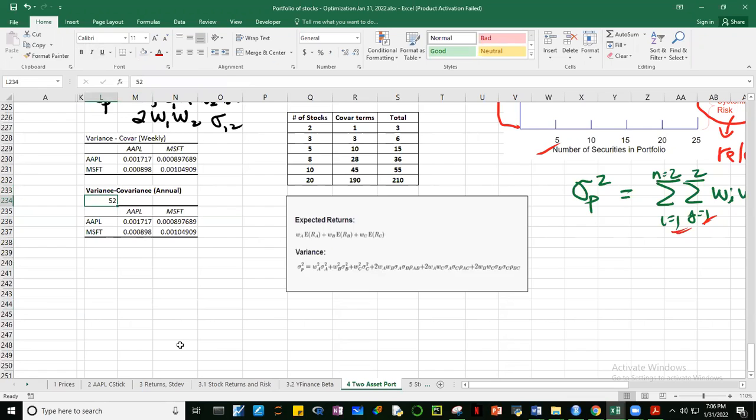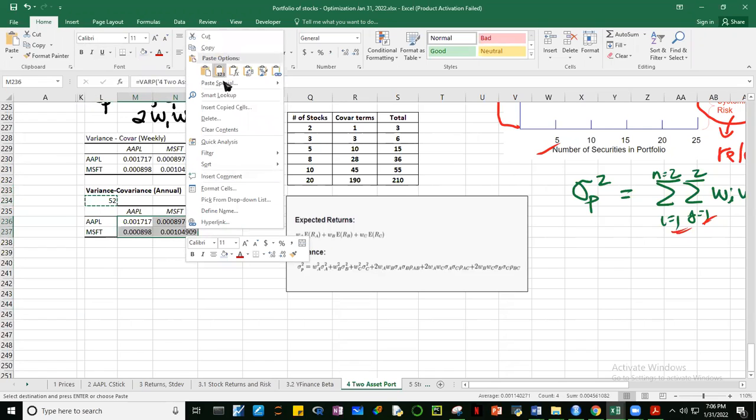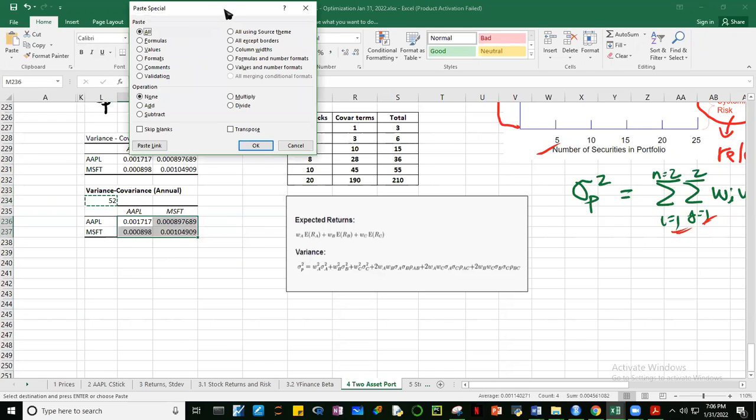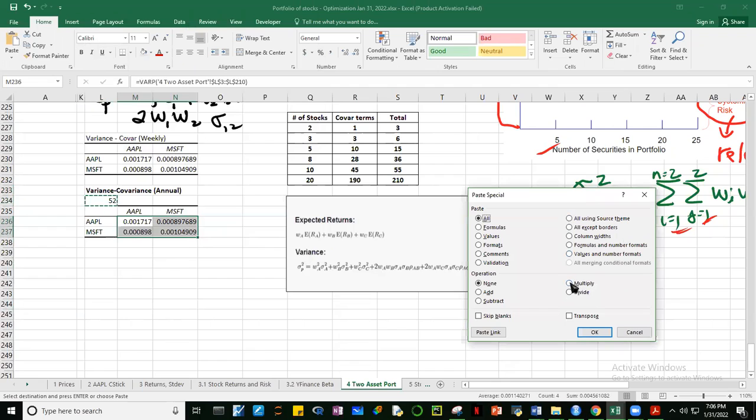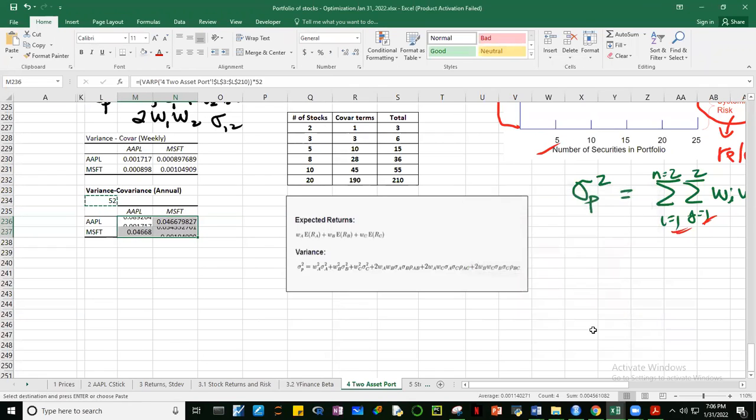Copy this, Control C. The 52 I wrote here. And then we paste it here. Highlight. Okay, right-click, paste special, and then this one, multiply. In the paste special operation, we multiply 52 to all the elements here. Okay. There.